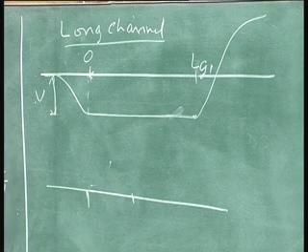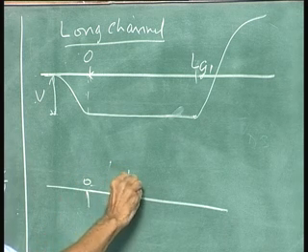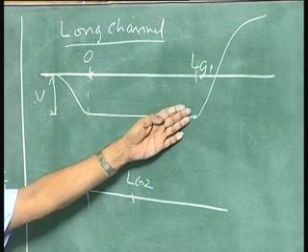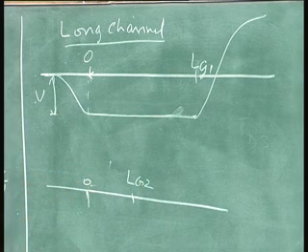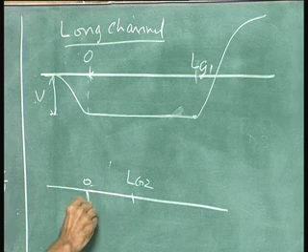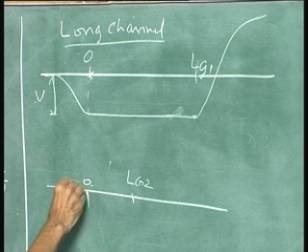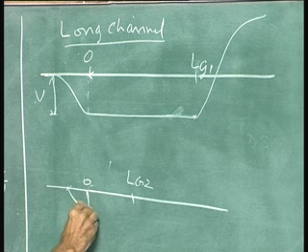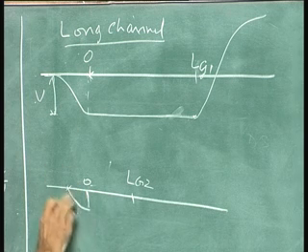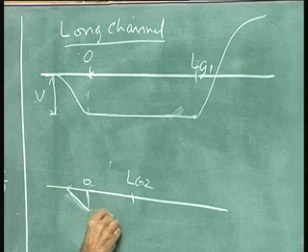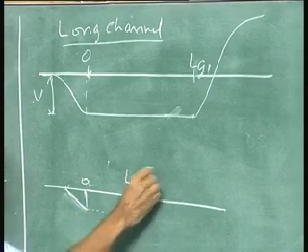There, 0 Lg2. Lg2 is very much short compared to Lg1, 1 micron, half a micron of that order. So, the potential ideally what would be expected would start from here, whatever way it falls, then come like this, then go up like that.